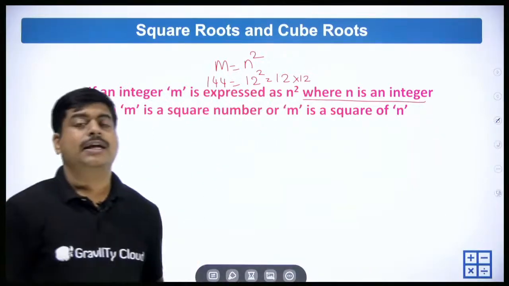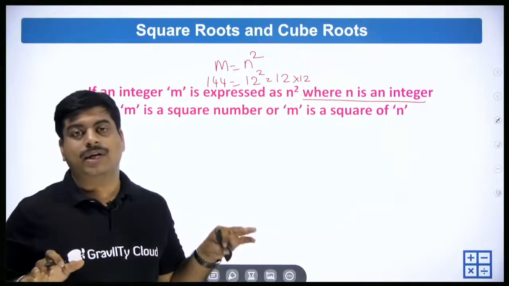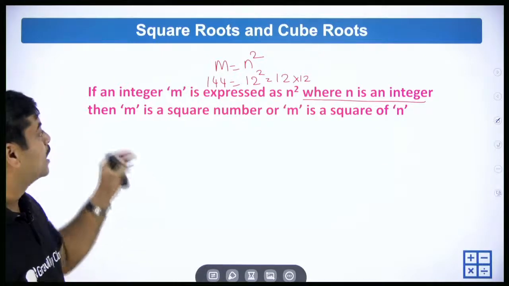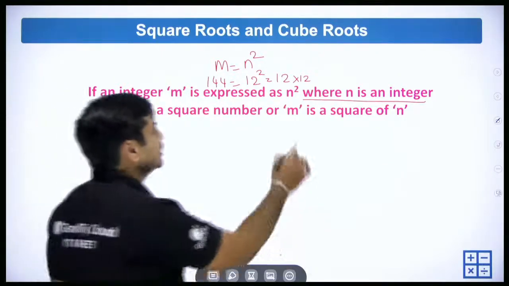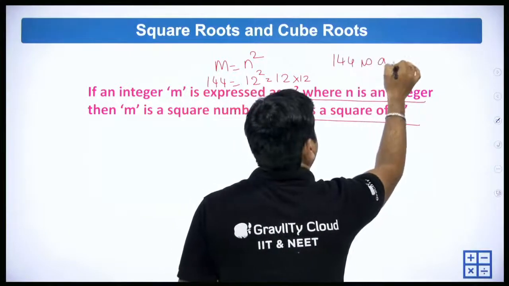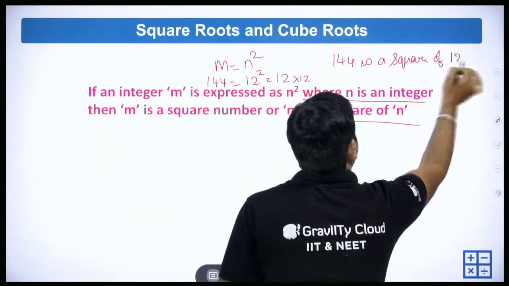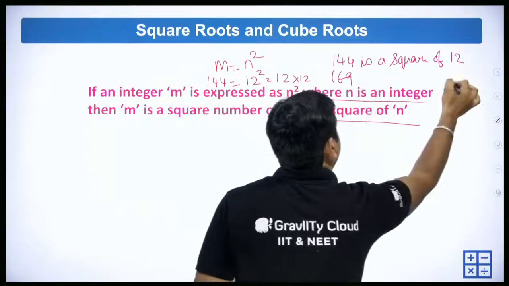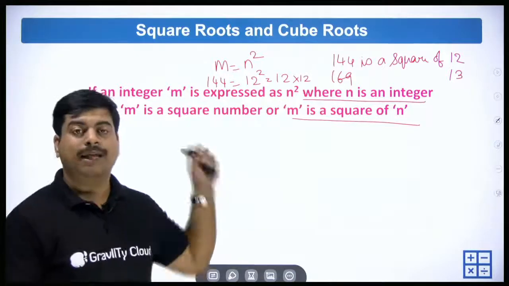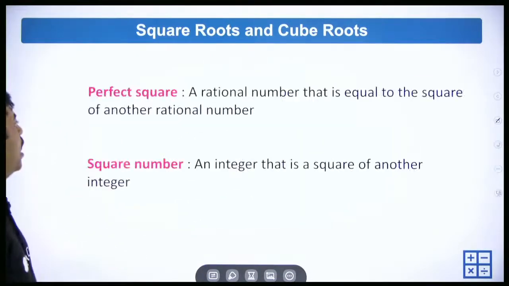That's the reason that in the earlier example, 1.2 into 1.2, we are not considering it a square number. So we need integers. Then we say m is a square of n. 144 is a square of 12. 169 is a square of 13. 225 is a square of 15. A perfect integer should be there in place of n.